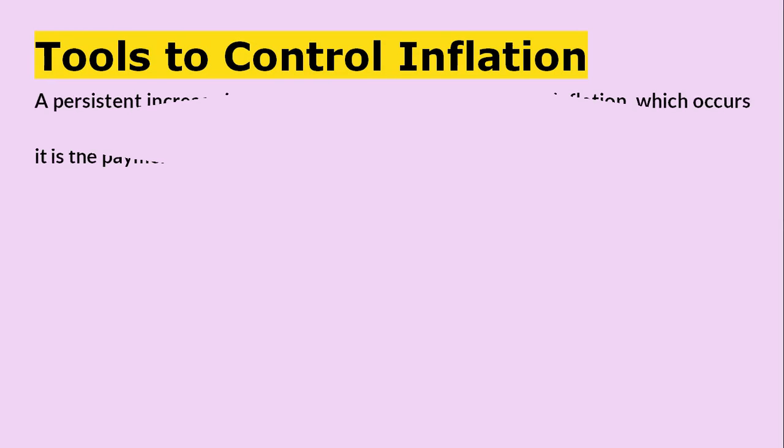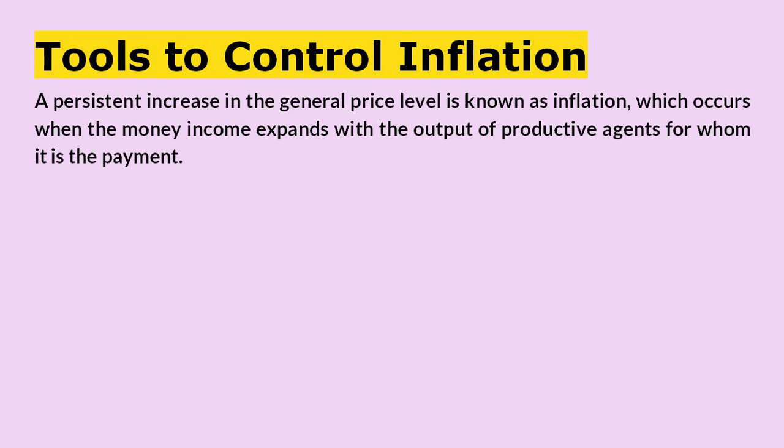Tools to control inflation. A persistent increase in the general price level is known as inflation, which occurs when the money income expands with the output of productive agents for whom it is the payment.